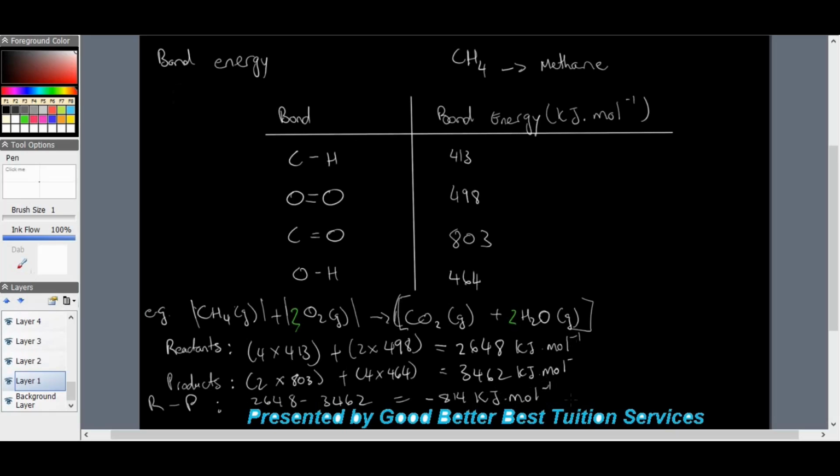Which means if they ask now, was this reaction endothermic or exothermic, we can definitely say that this reaction was an exothermic reaction, which leads into my next recap point on those two. What is the difference between endo and exothermic? Now remember, a negative sign here indicates a release of energy.